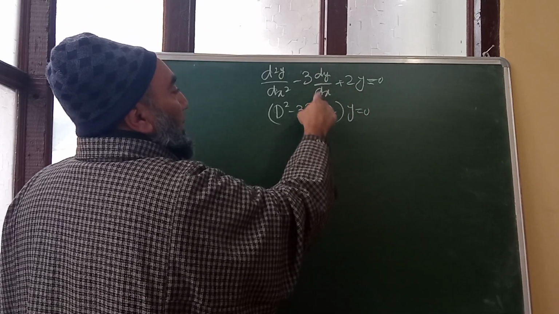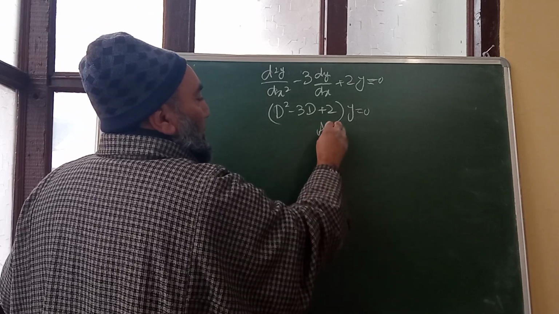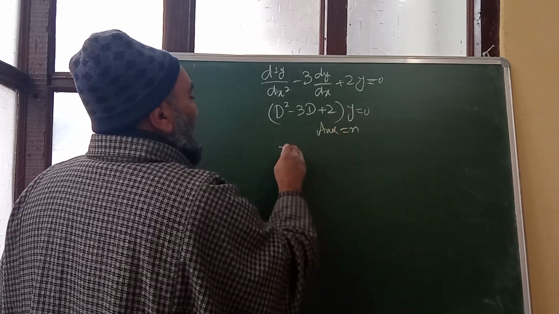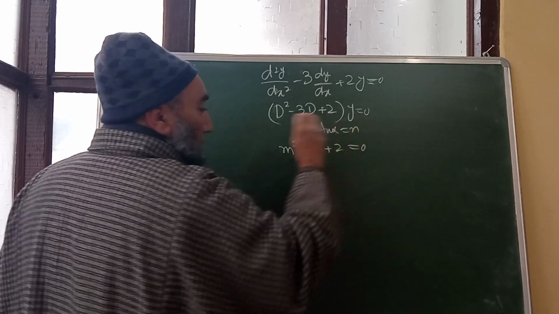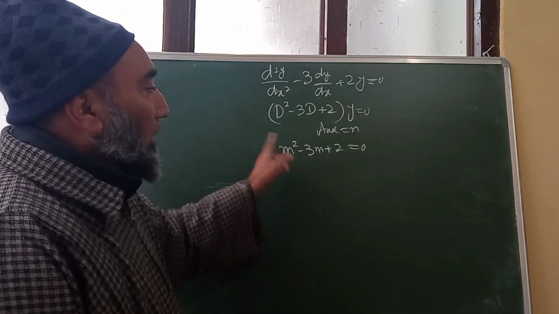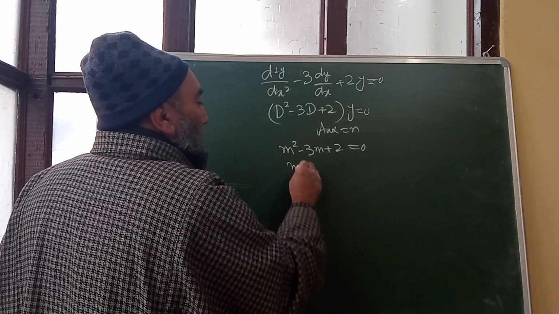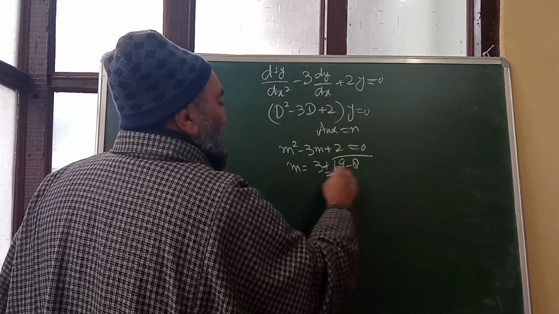Because you know d/dx is D, d2/dx2 is D square. Now the auxiliary equation is m square minus 3m plus 2 equals 0. This is the method. You have to first write the auxiliary equation. Now find the roots. Your m is minus b plus minus square root of b square minus 4ac, by 2a.